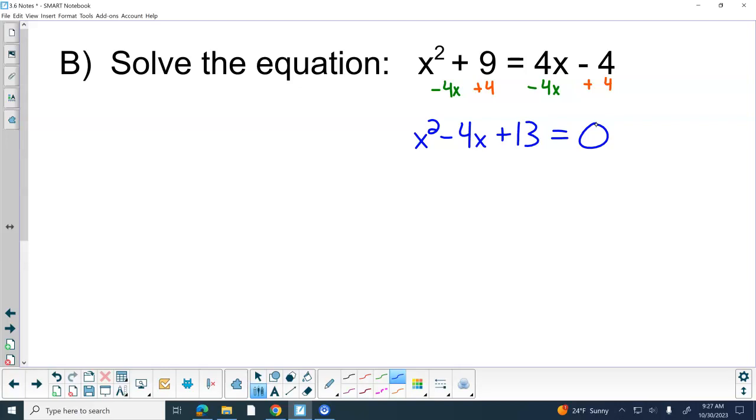Well, what does that mean? Quadratic formula. Okay? So let's set up the quadratic formula.